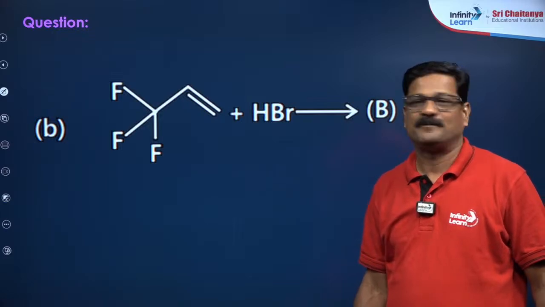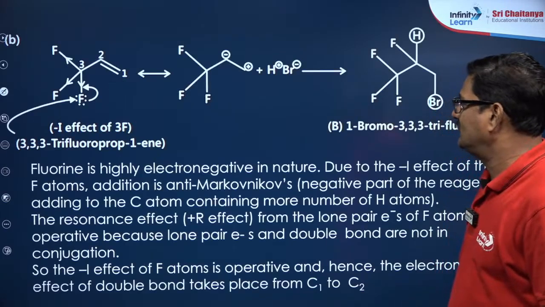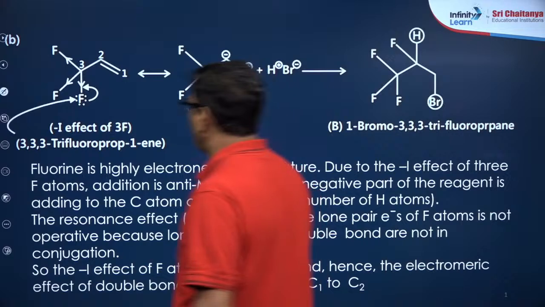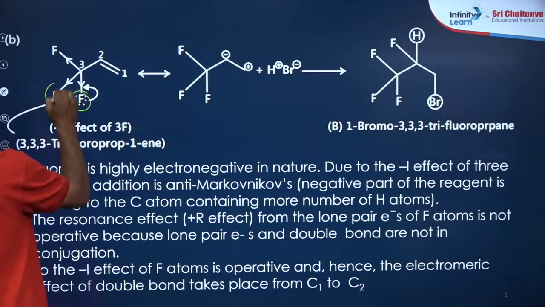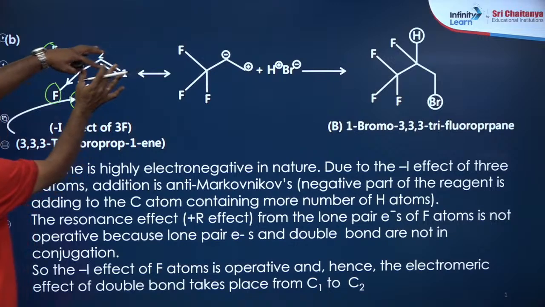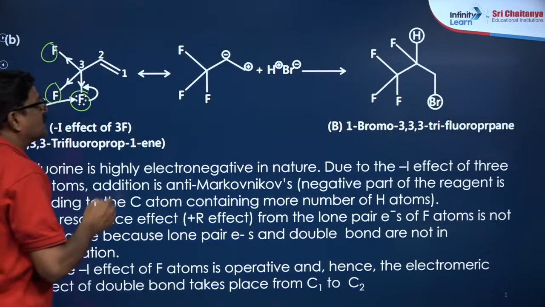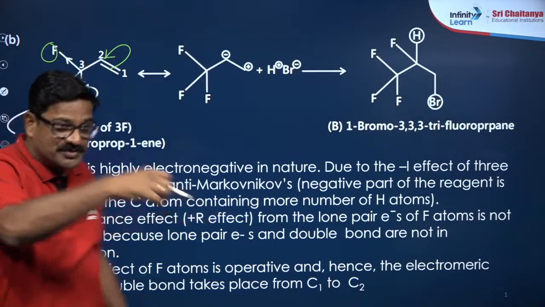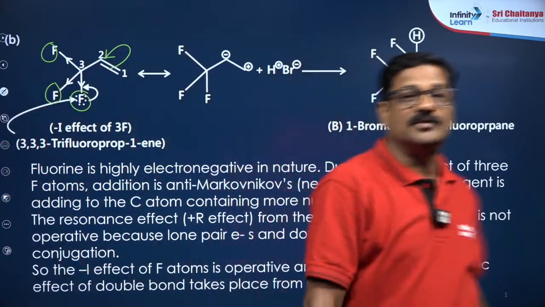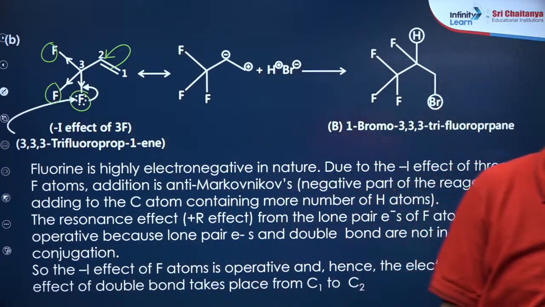Fine. If you can see this, fluorine is an electron withdrawing group. So it wants to pull the electrons to this side, so that this pi bond is going to push in this way. This is what you call inductomeric effect.